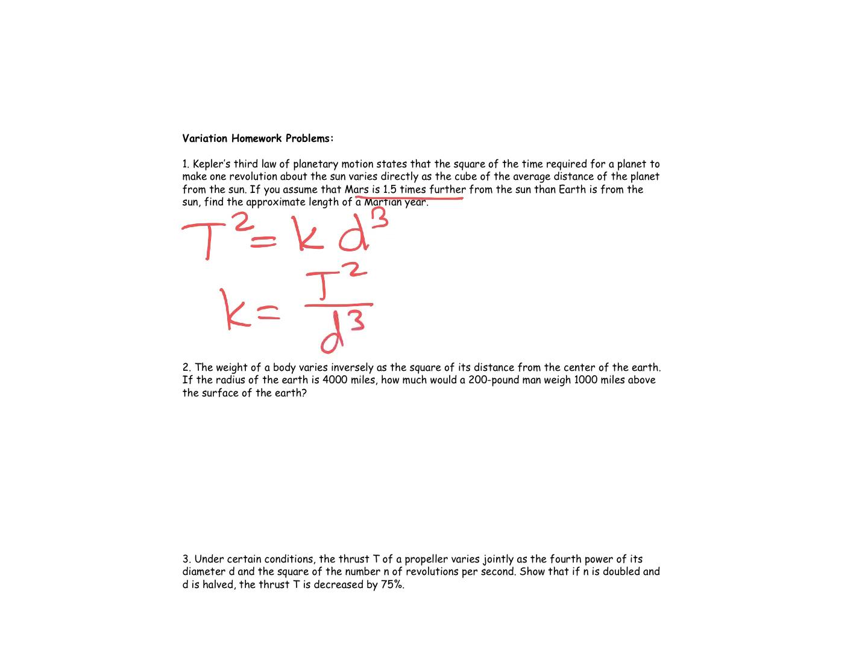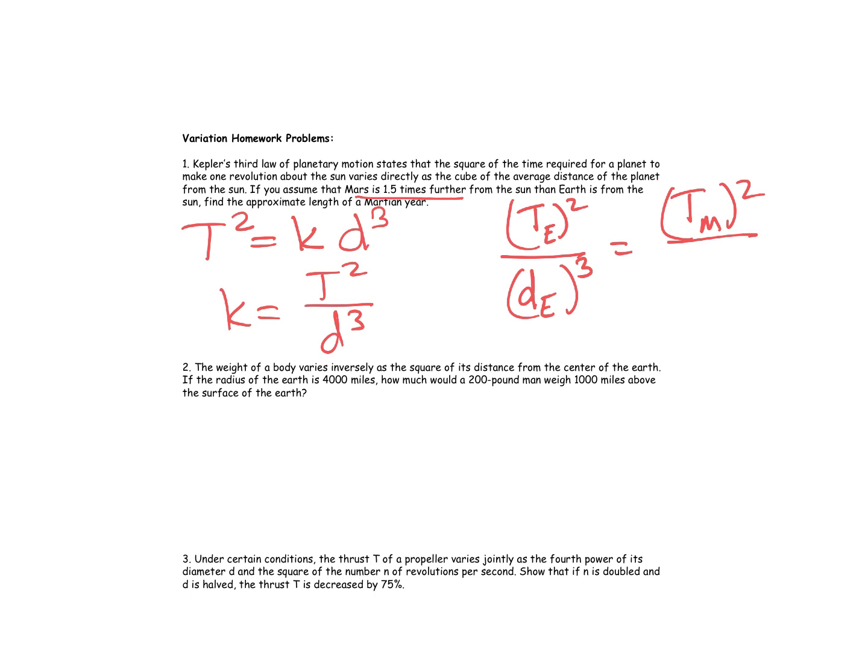Okay, so let's say time on Earth squared over distance Earth cubed equals time on Mars squared over distance Mars cubed.